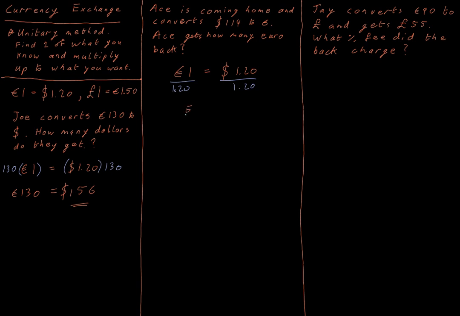I get 5/6. And that doesn't turn into a particularly nice decimal, so I'm just going to leave it as 5/6. It's not doing any harm. So 5/6 of a euro is $1 in our example. And now I know what $1 buys me in euro.